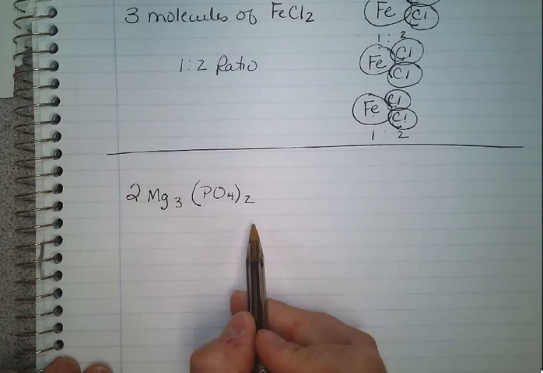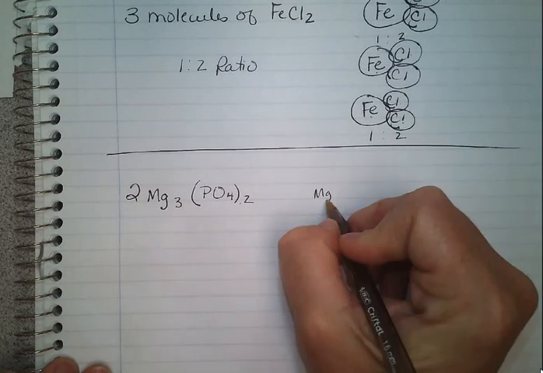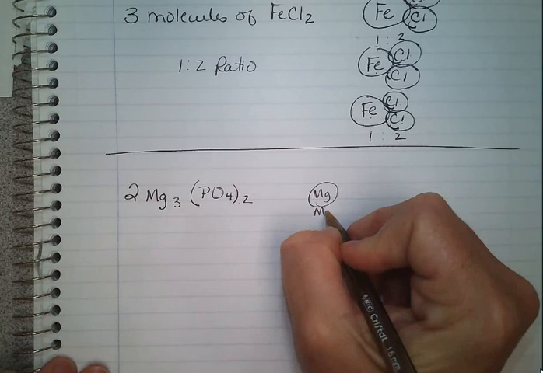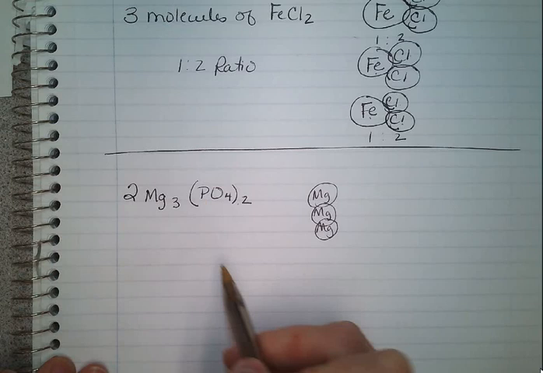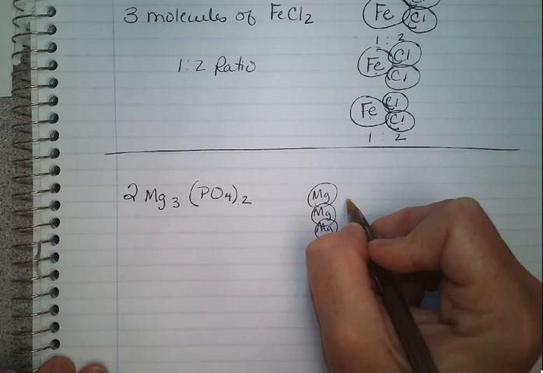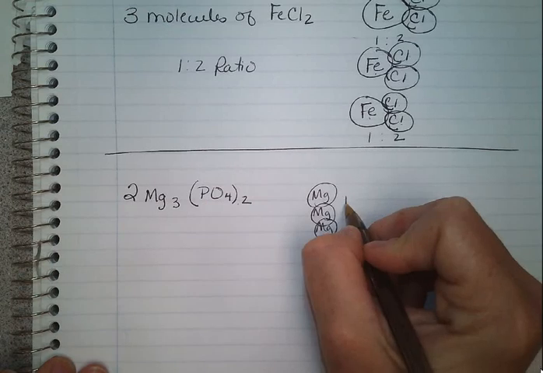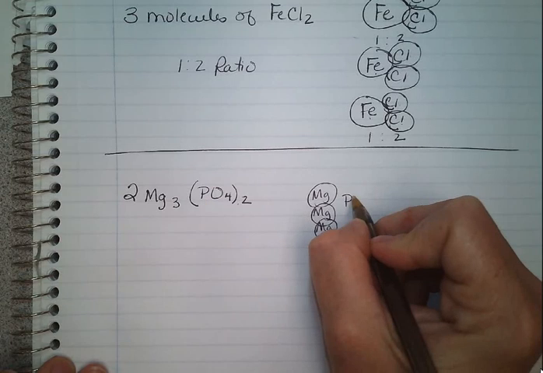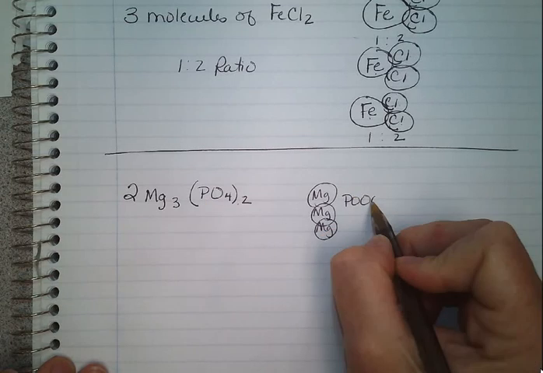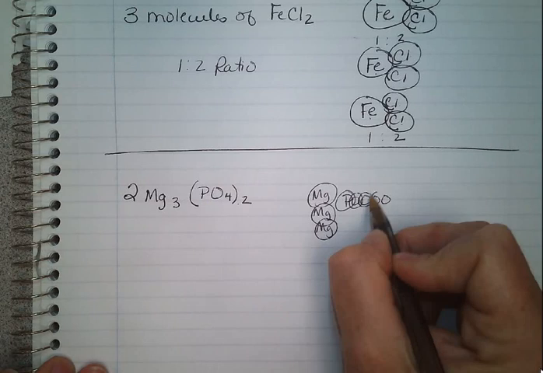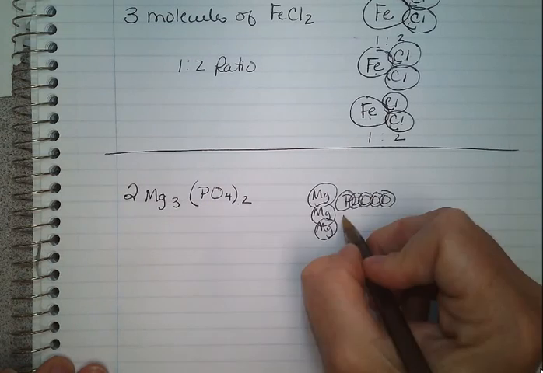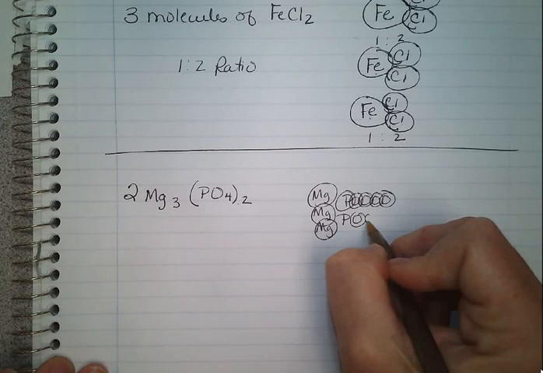I have 3 magnesiums, right? 3 magnesiums. And then a phosphate. I have 2 of those. So a PO4. That's going to be 1, 2, 3, 4. So I got a phosphorus and 4 oxygens, right? And I have 2 of those. Phosphorus and 4 oxygens.